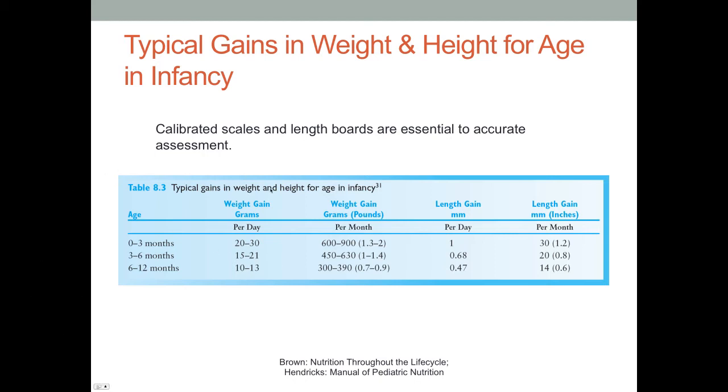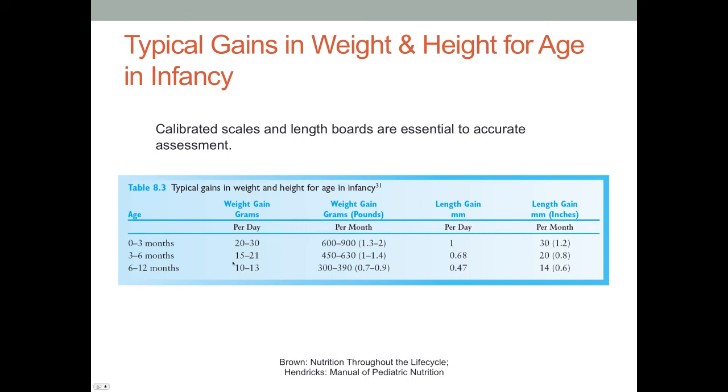And then this goes back to that principle of growth velocity. There are actually some better, more precise charts that you can get through the World Health Organization, or you can also look at some software that I'll show you a little bit later. But this tells you that a 0 to 3 month old should be expected in terms of growth velocity to gain about 20 to 30 grams a day, and about a millimeter per day, or about 30 millimeters per month.